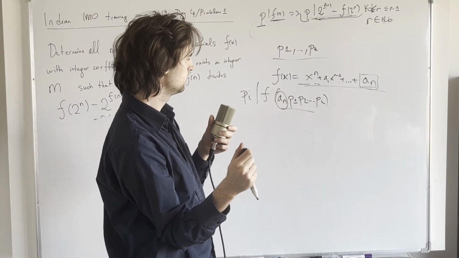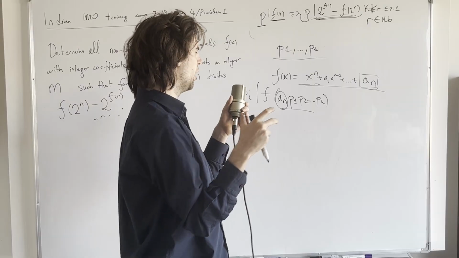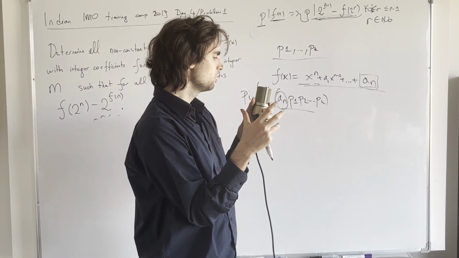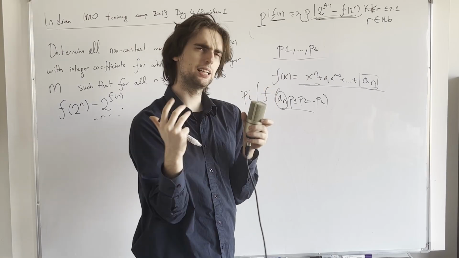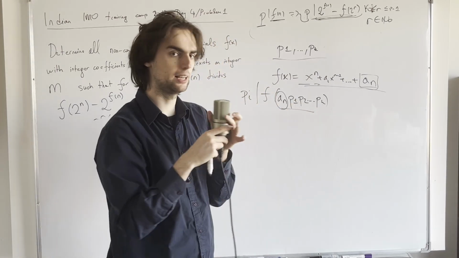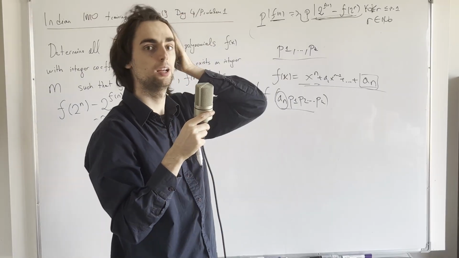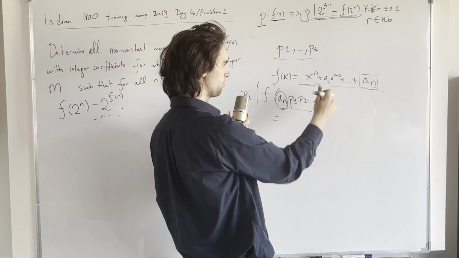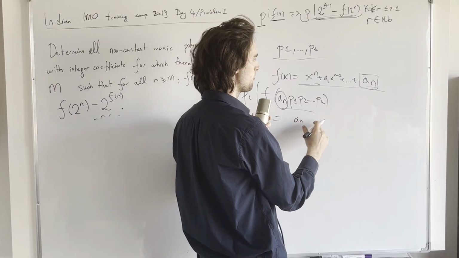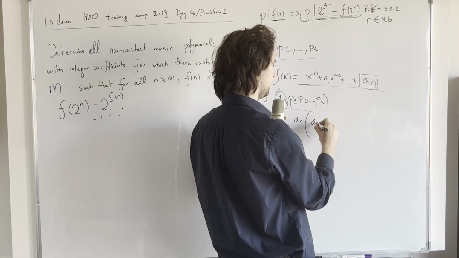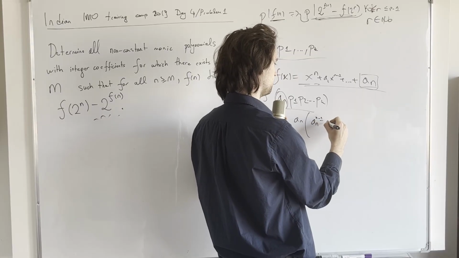Okay? So maybe, how do we fix this, or do we actually need to fix this? It doesn't actually mean that we have to have every pi not divide this, but that there needs to be some other prime number that's a divisor of this. So let's look at what this actually looks like. This is an, take it outside, and then we get an to the power of n minus 1.